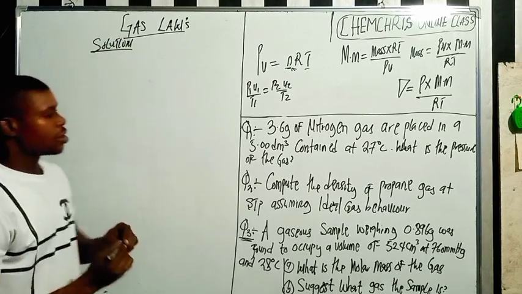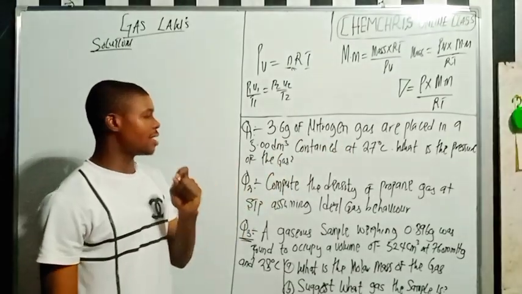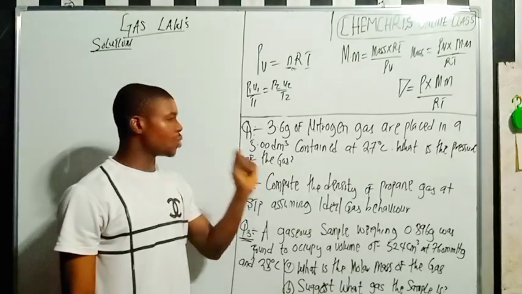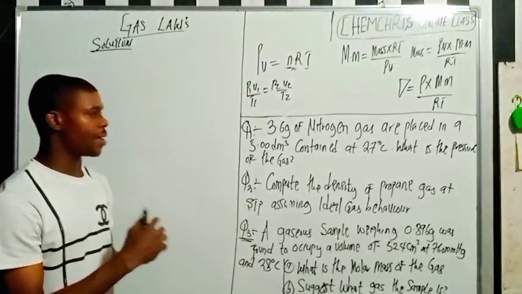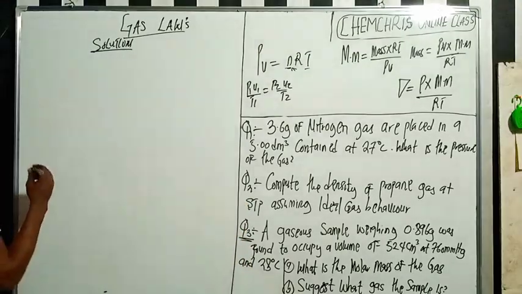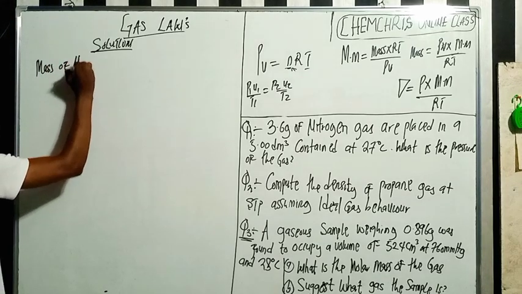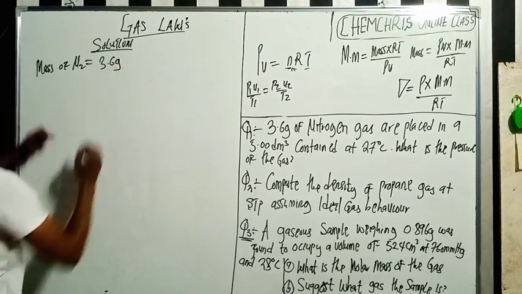3.6 grams of nitrogen gas are placed in a 5.00 dm cube container at 27 degrees centigrade. What is the pressure of the gas? So now let's look at the question very well. Here, the mass of the gas was given to me, mass of N2, because it is nitrogen. Mass of N2 is 3.6 grams, right?